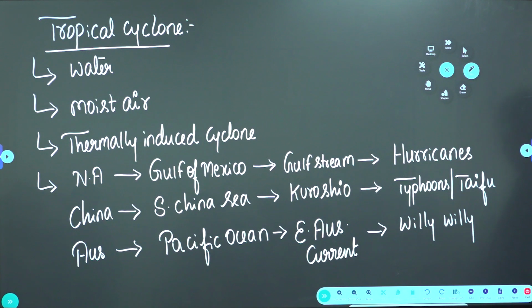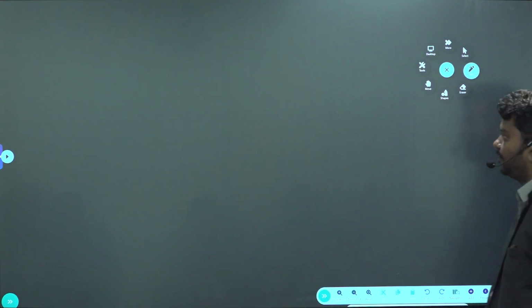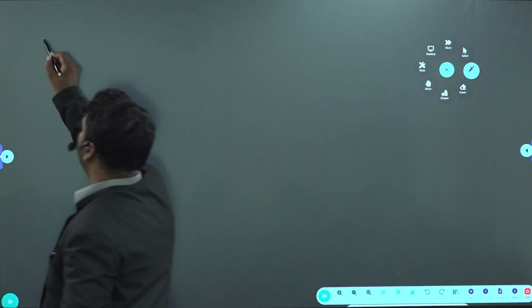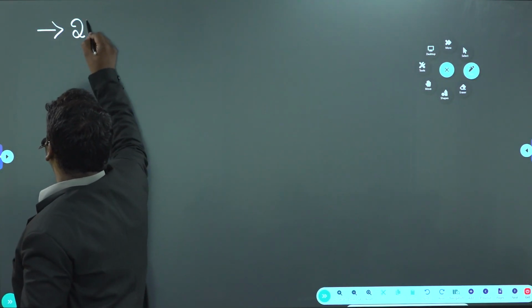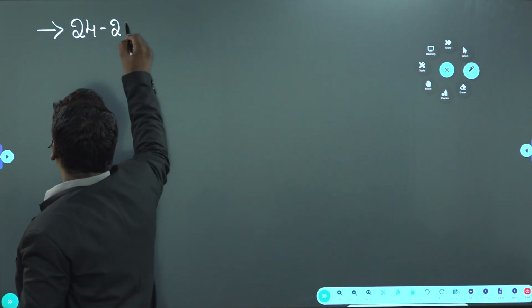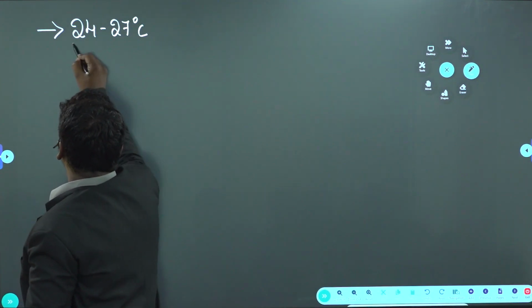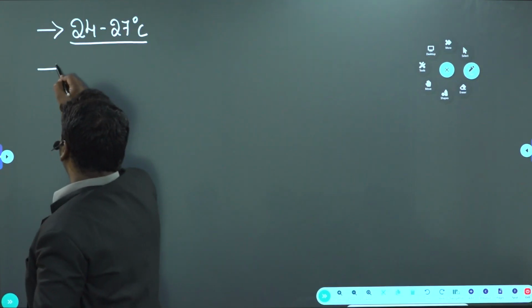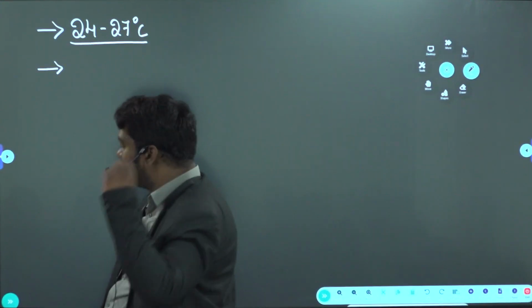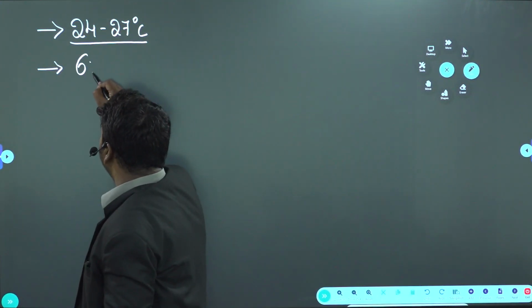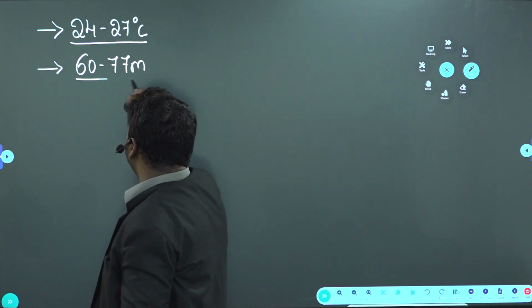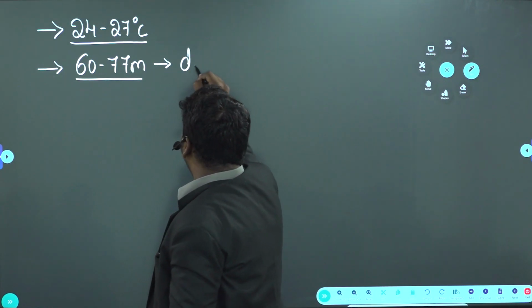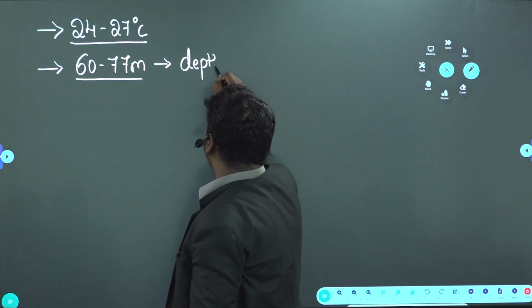Shall I move? Yes. Then, what is the average temperature required for tropical cyclones to be formed? 24 to 27 degree Celsius. Okay. What is the depth till where sun's rays must penetrate? 60 to 77 meter depth.